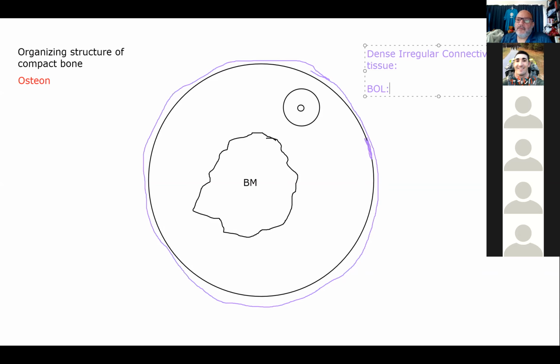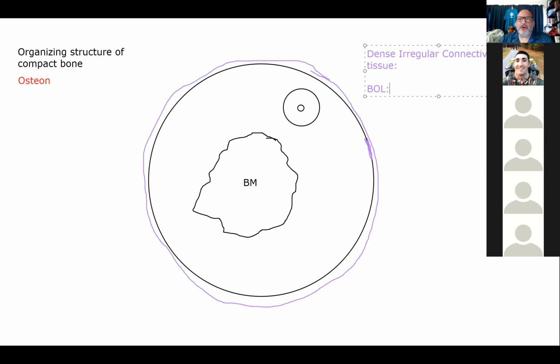Fibrocartilage? What did we call the dense irregular connective tissue that wrapped around the outside of our hyaline cartilage? Well, we called it a perichondrium. Oh, there we go. Sandy got it.